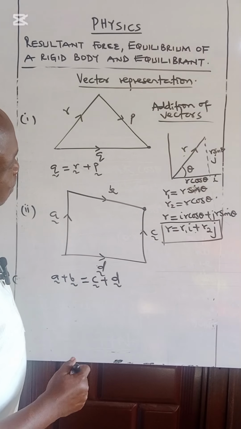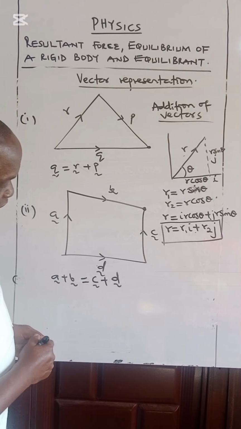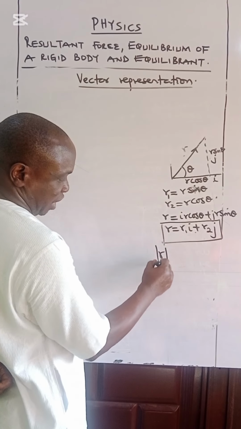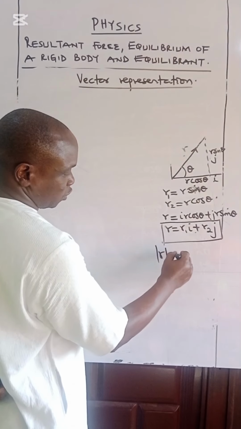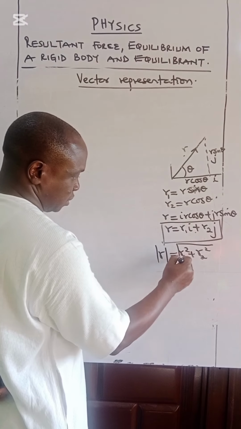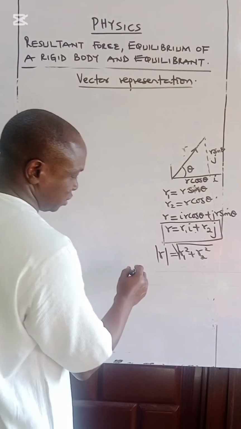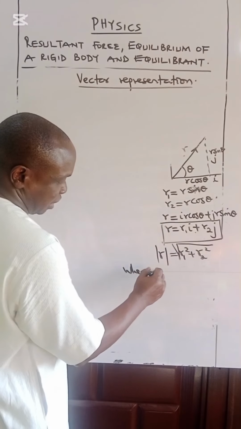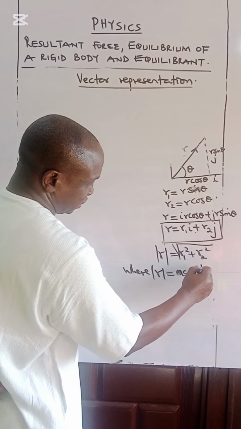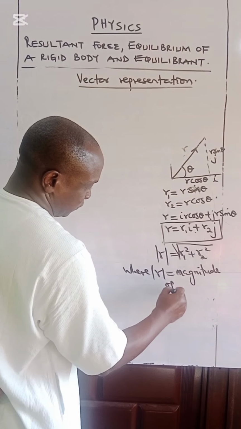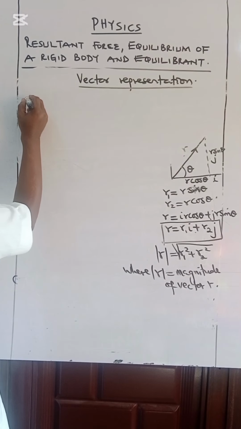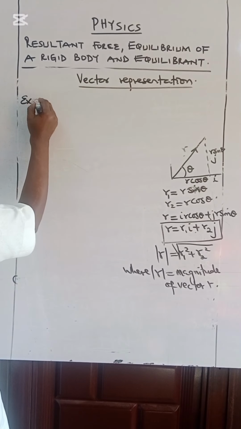Always remember to find the magnitude of R. The magnitude of R is equal to the square root of R1 squared plus R2 squared. This is exactly what we are going to find, where R is the magnitude of vector R.